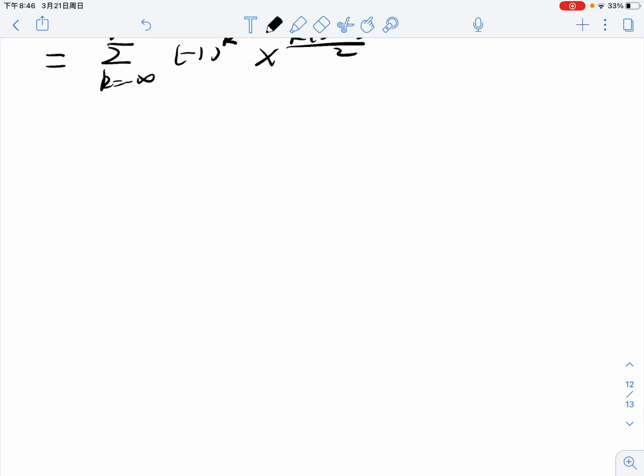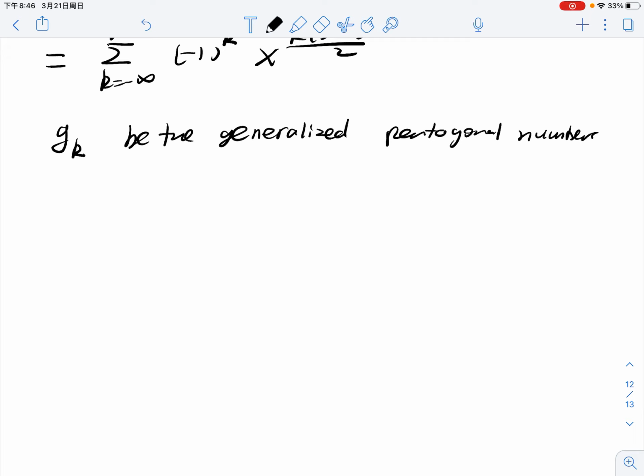Let's call gk the generalized pentagonal numbers for k equals 1, -1, 2, -2, and so on.